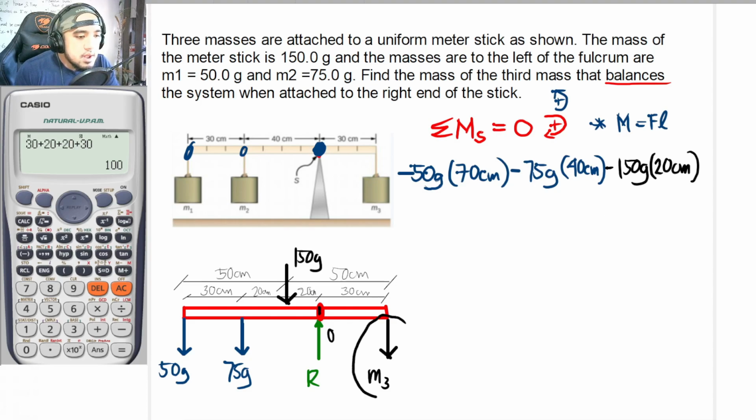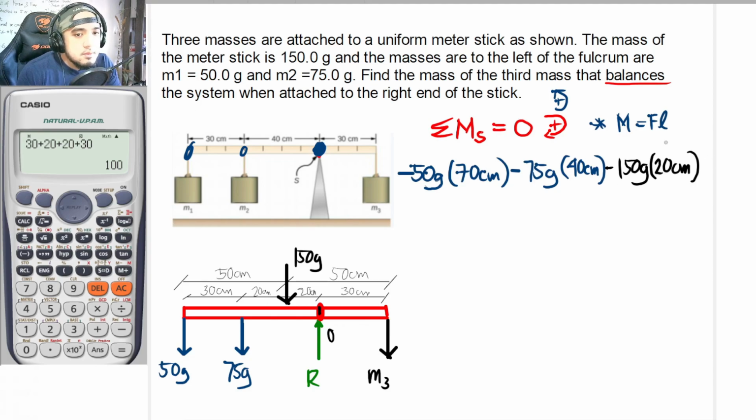Okay, so last but not the least, M3. If this is now to be our point and this is now to be M3, the tendency of M3 is to rotate point S in a clockwise direction. Thus, this is now to be positive.